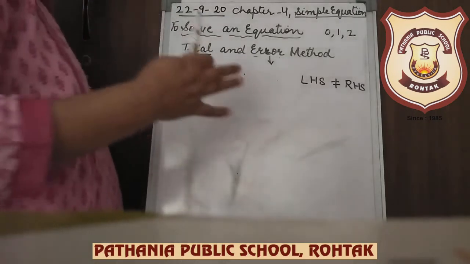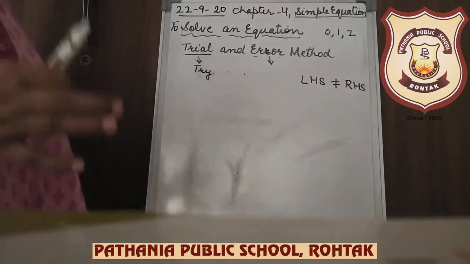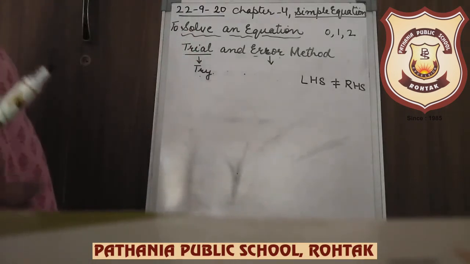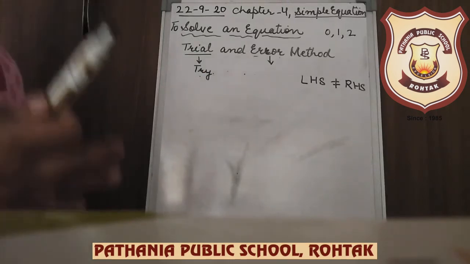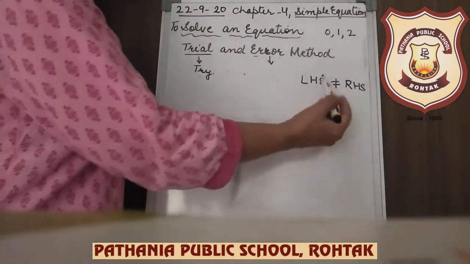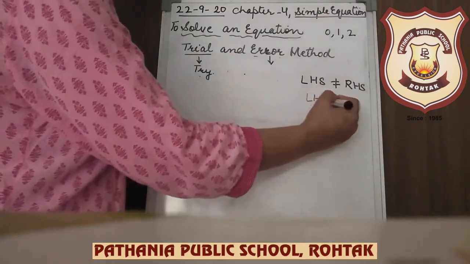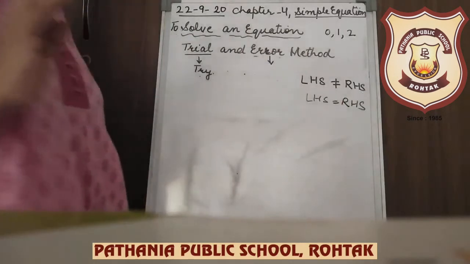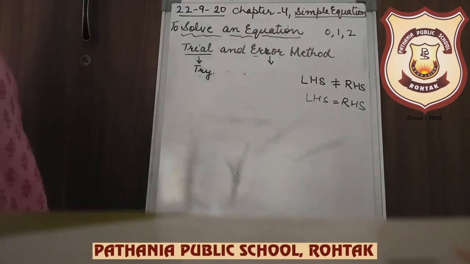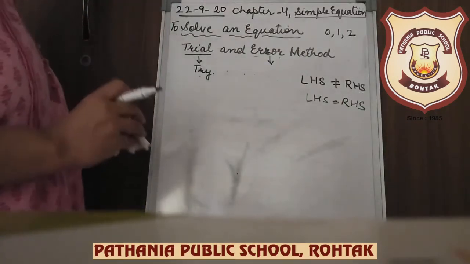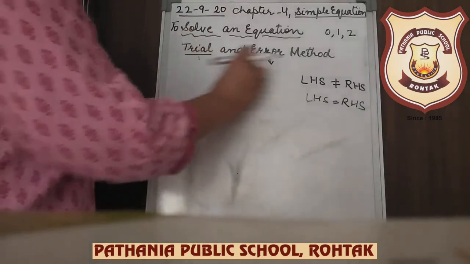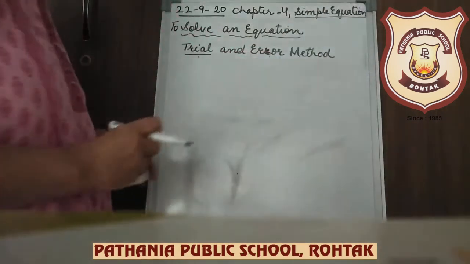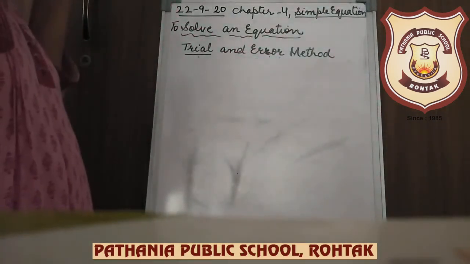No value for the variable will be given; you have to look for different values on your own, and whichever value gives left hand side equal to right hand side, that value is the value for the variable. Clear? So this is the method. Now I am going to do an example so that it will be easier for you to understand.